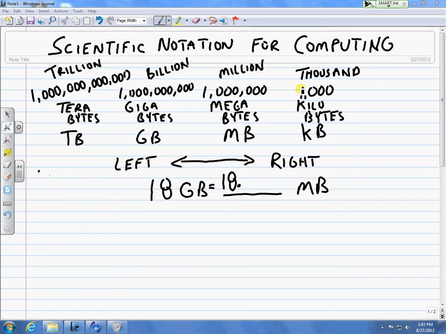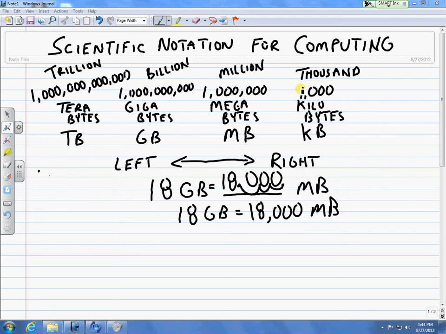I'm going to throw 3 more zeros on here, because 18 and 18.000 is the same numerical figure. And I'm going to move this 3 to the right. 1, 2, 3. We end up with 18 gigabytes is equal to 18,000 megabytes.